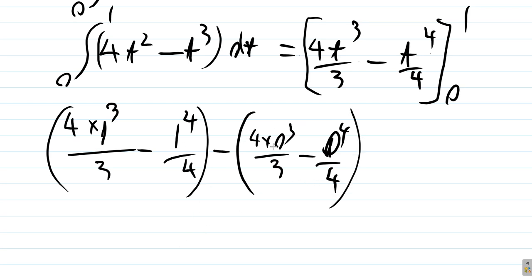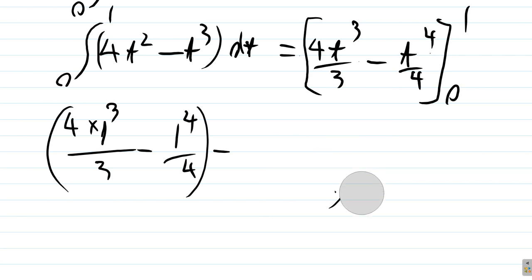Now you very well know that this would be 0 minus 0, which is 0. So you don't have to worry about this anymore. And then this part would be what? 1 cubed is 1. 4 over 3 minus a quarter.